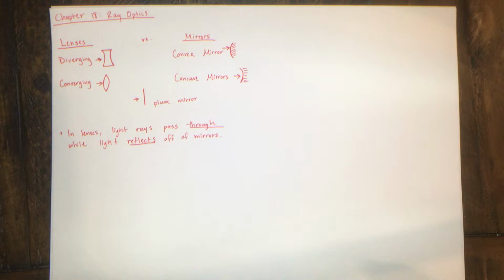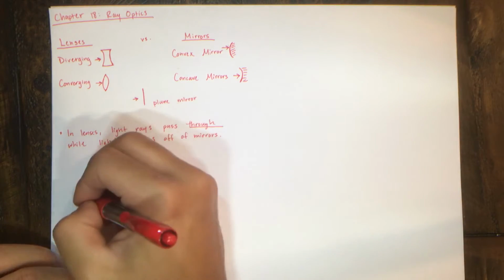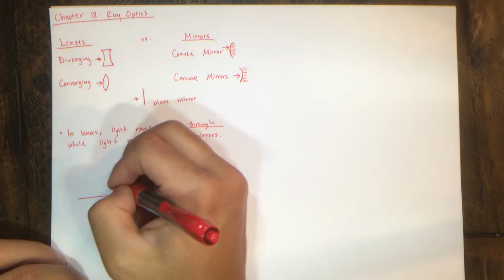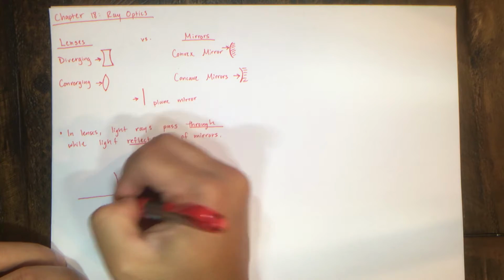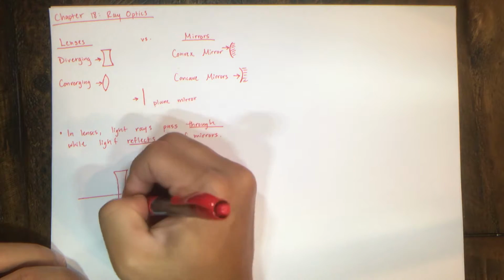And so let me explain something that will help you better determine what's a virtual and a real image and things regarding that. So first I will draw out, let's see, we'll start off with a diverging lens.